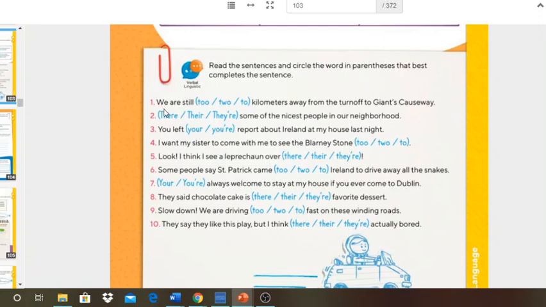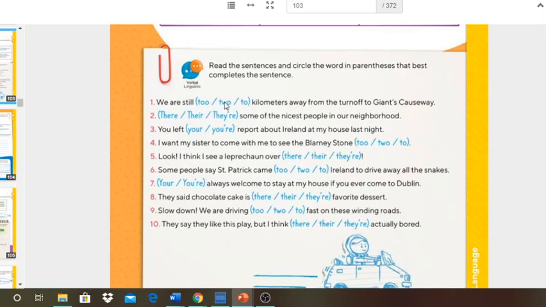Let's do number one. We are still 2 kilometers away from the turnoff to Giant's Causeway. Here, kilometers. I cannot use too, también kilómetros, no. So the right answer is two.